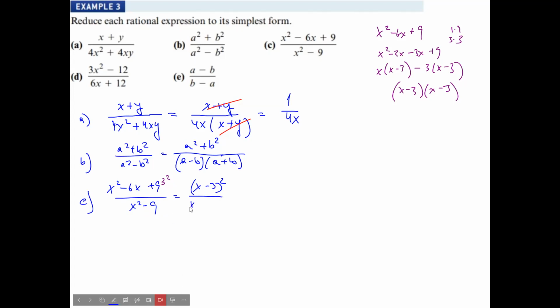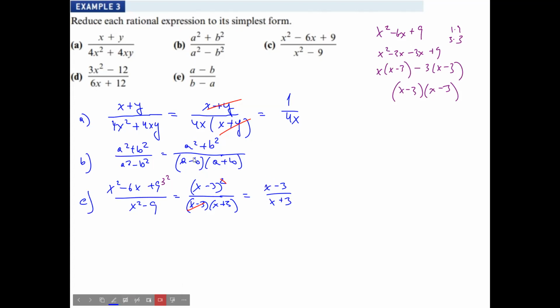This is what I have: x minus 3, x plus 3. So one x minus 3 simplifies, disappears, and I have that. Okay?